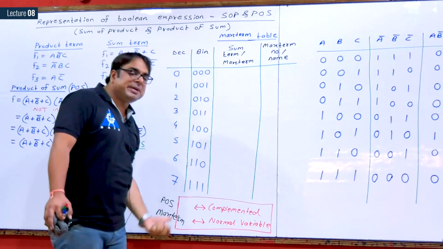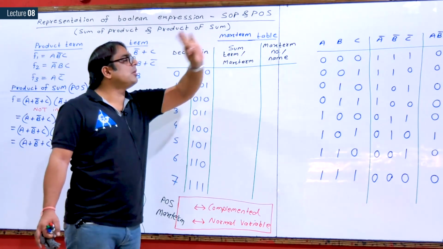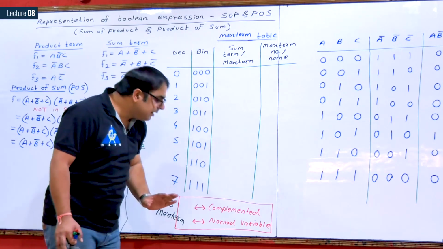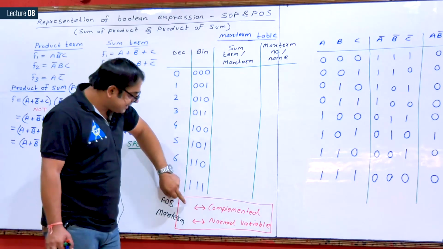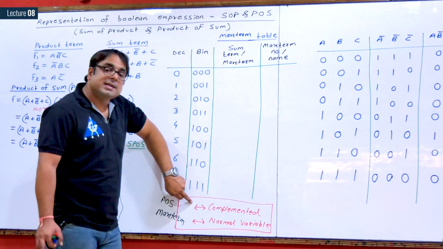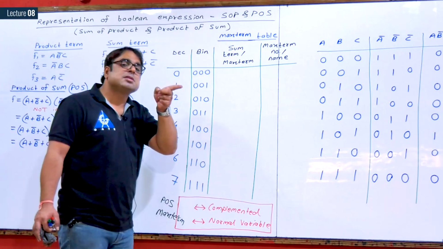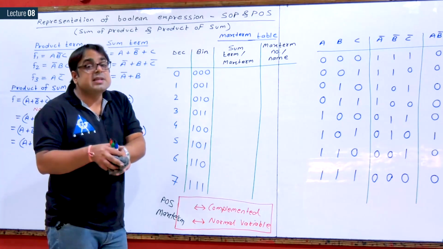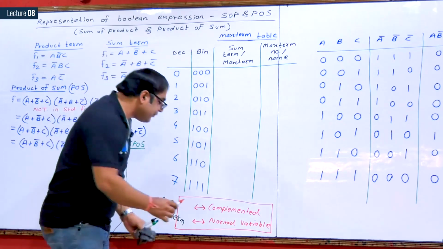So only 8 combinations are possible, so max term number or max term name. Again, the only thing to remember is this part. Remember, in min terms, 0 corresponded to the complemented form.